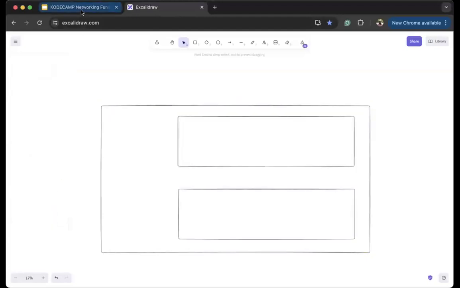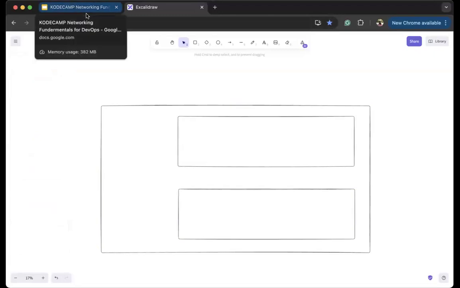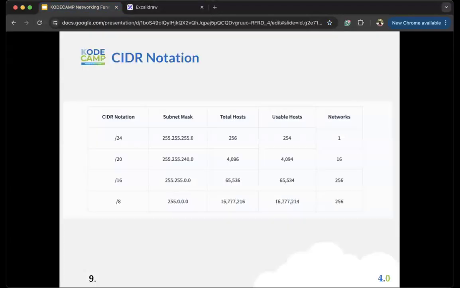Let's come back to the description of a network and how the CIDR notation works for breaking down a network into subnets. Okay. So we'll come right back to that.